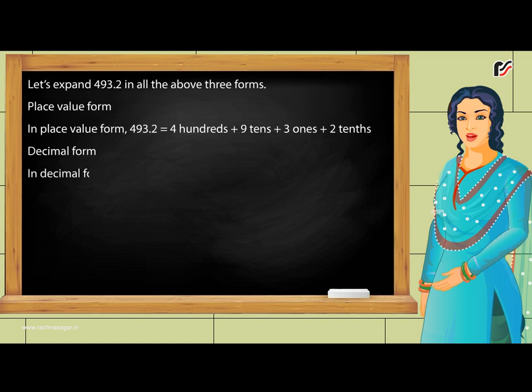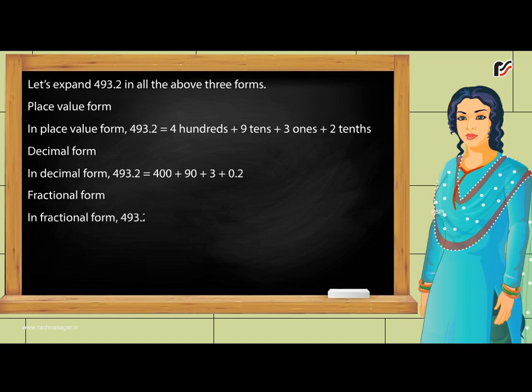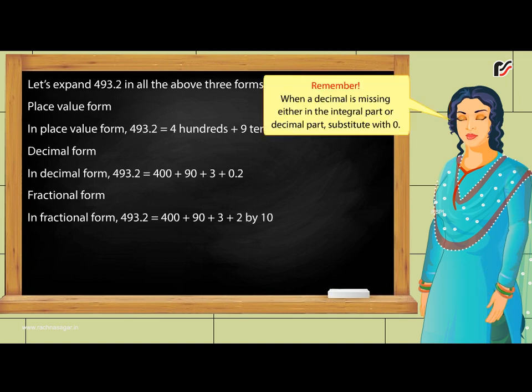Decimal form: 493.2 is equal to 400 plus 90 plus 3 plus 0.2. Fractional form: 493.2 is equal to 400 plus 90 plus 3 plus 2 by 10. Remember, when a digit is missing either in the integral part or decimal part, substitute it with 0.